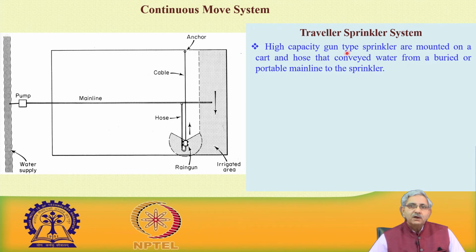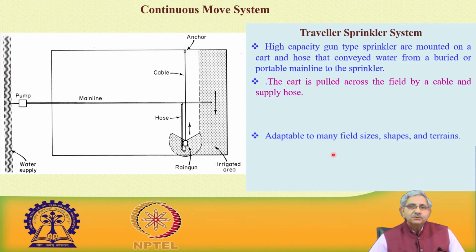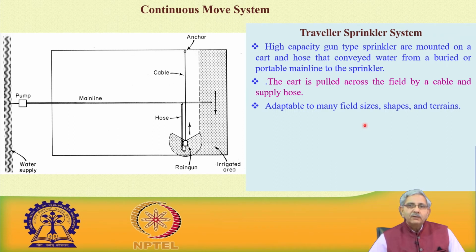High capacity gun type sprinklers are mounted on a cart, and a hose conveys the water from a buried portable main line to the sprinkler line. The cart is pulled across the field by cable and supply hose. It is adaptable to many field sizes, shapes and terrains.